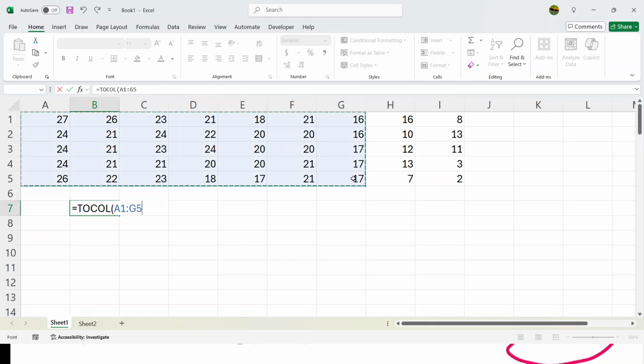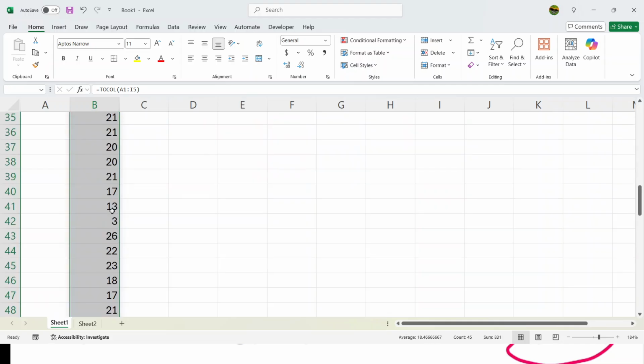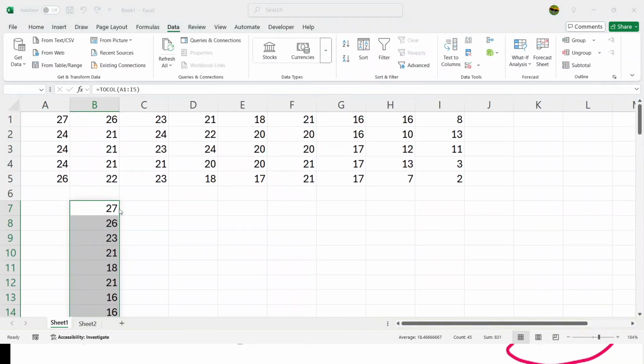If you are using Excel, you can easily use to column. You select all of it, and then arrange it in ascending order.